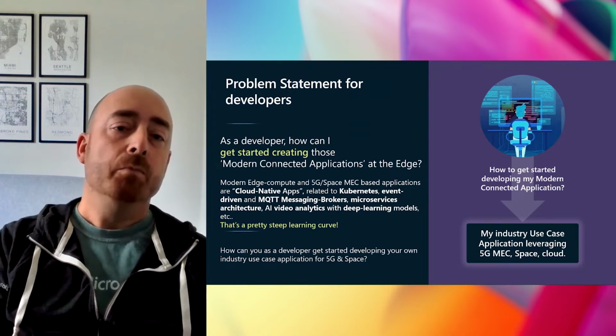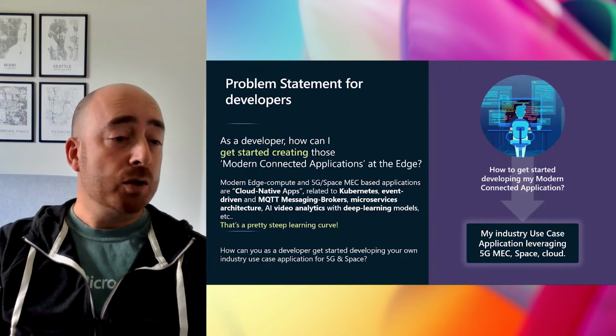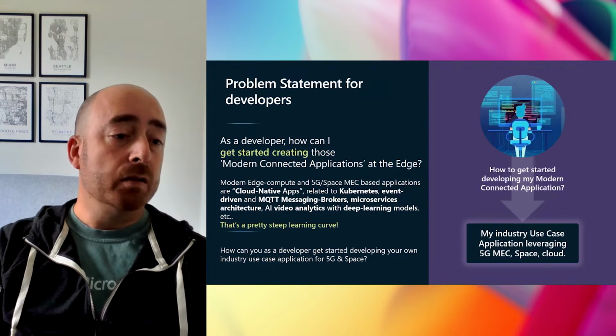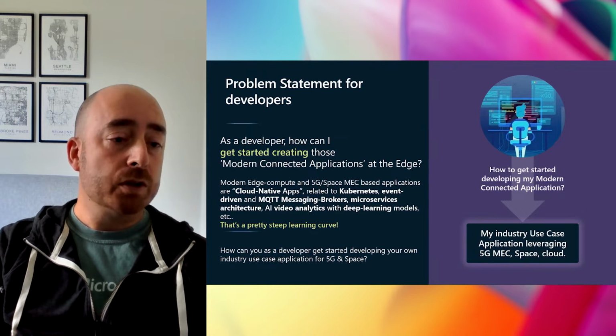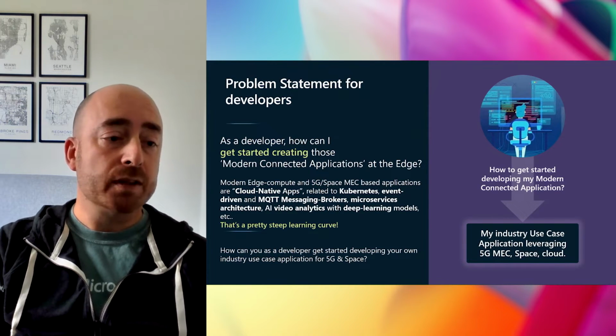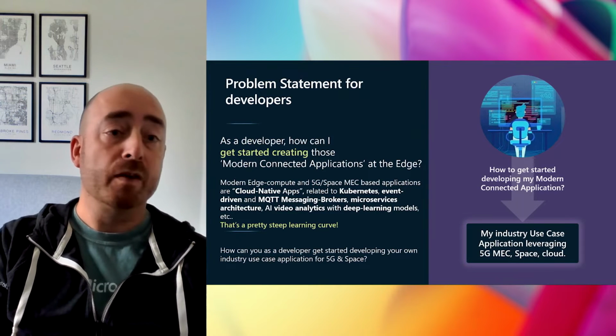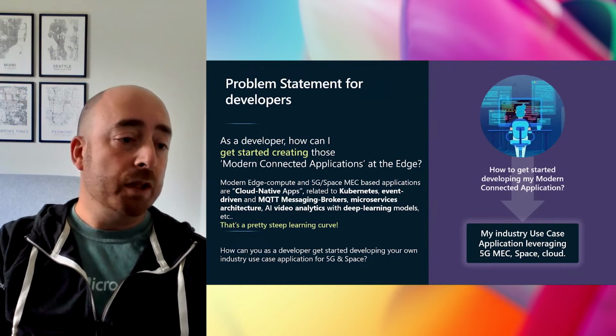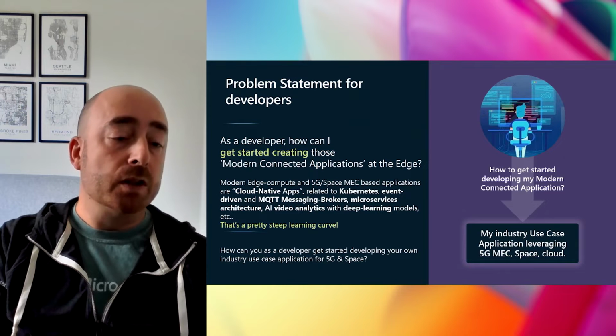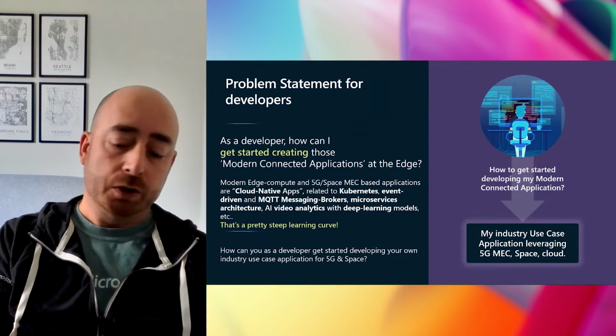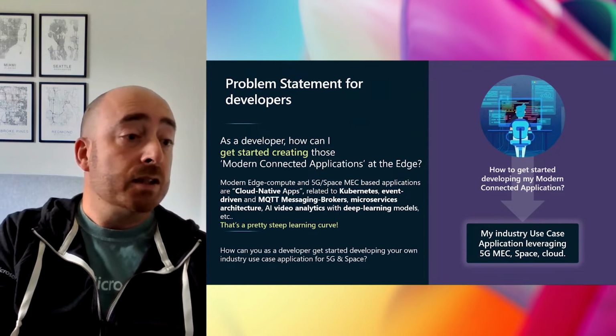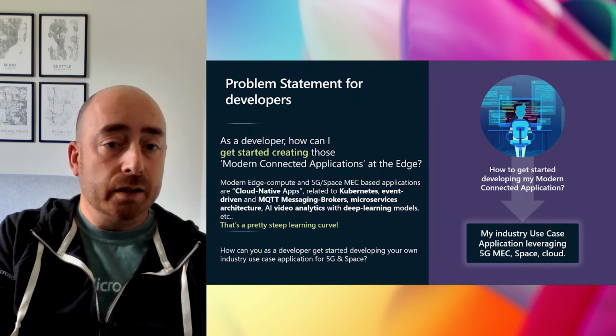And being able to develop an application with all those topics and the right patterns and approaches and technologies, that's a pretty steep learning curve unless you are already familiar with cloud native applications or microservices and Kubernetes. So the question is how you can get started with that easily, right?